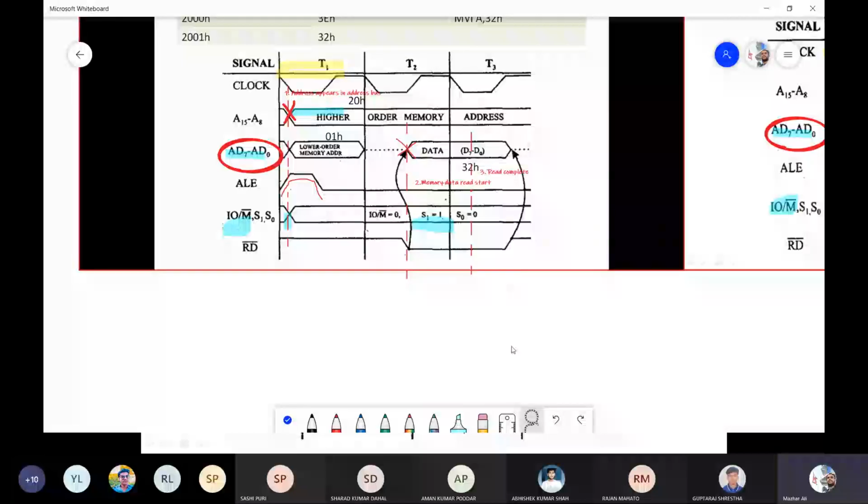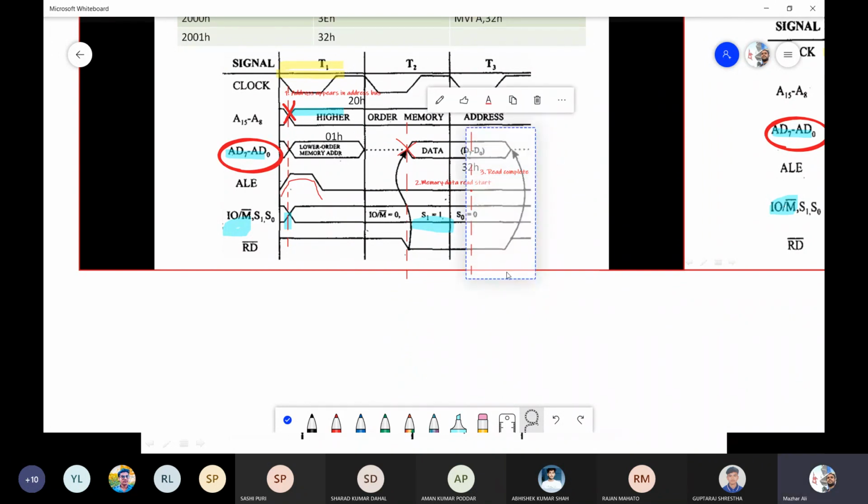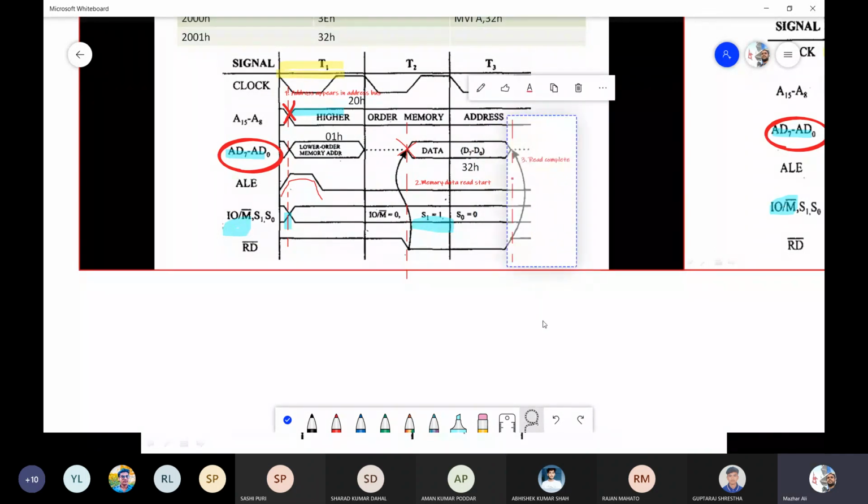So here memory data read start, and here we have read complete. So everything is just the same. You can see read is complete. It takes three clock cycles, 3 T states.